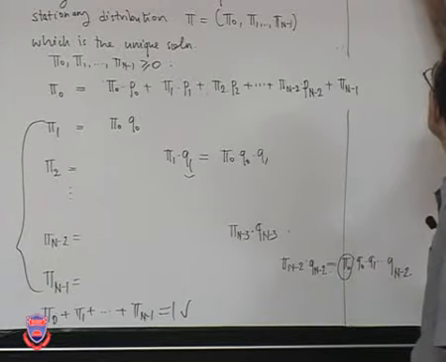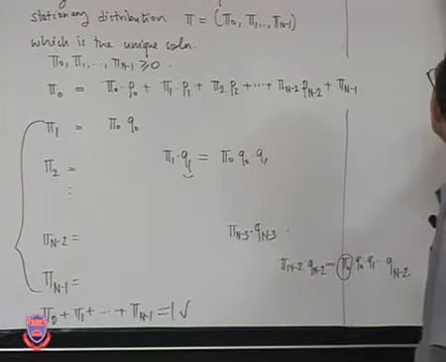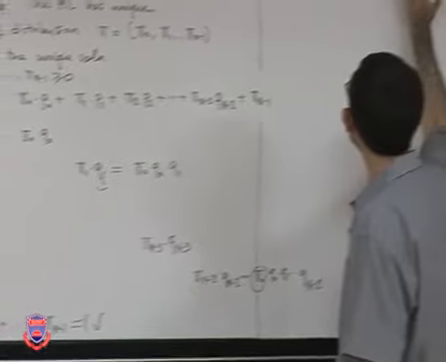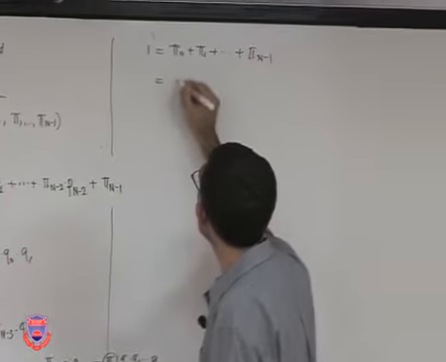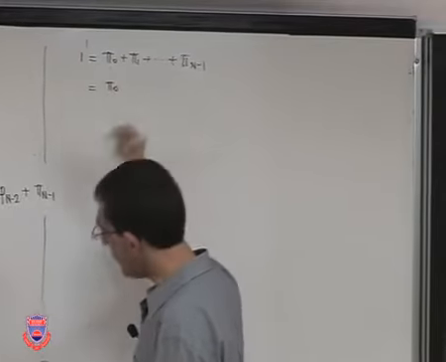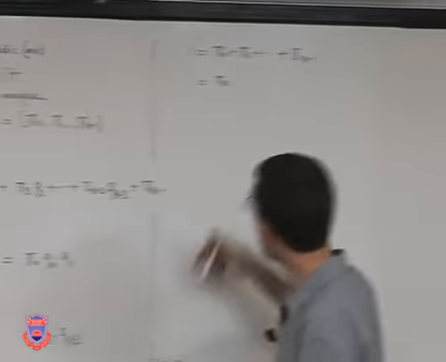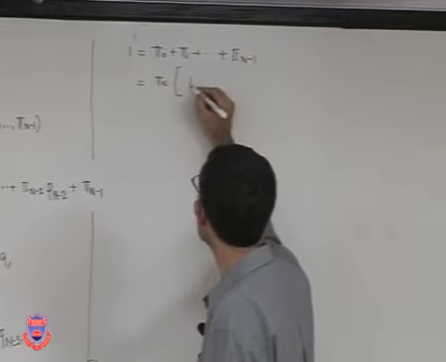So 1 equals pi 0 plus pi 1 and so on, up to pi n minus 1. And here, pi 0 is common to all of these terms, so we can just take it out in common parentheses.